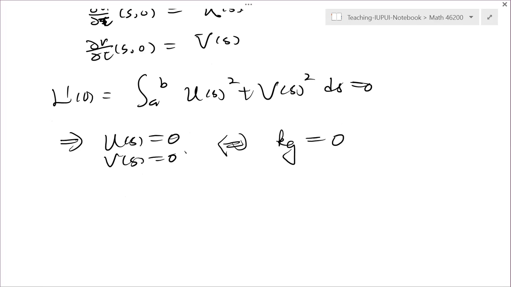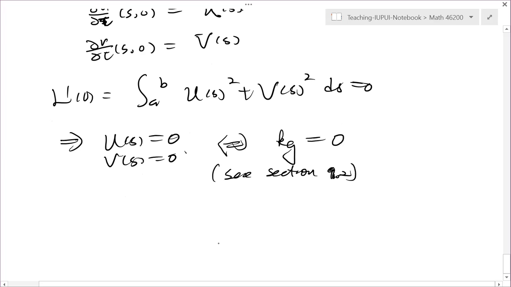Yeah, so this is one of the steps in section 9.2.